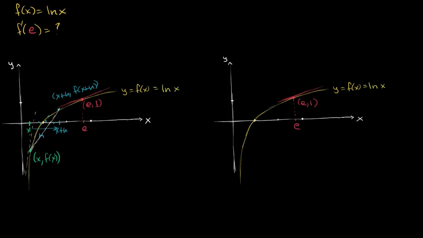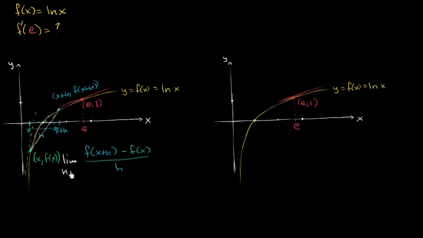So let's actually do that. What's the slope of the secant line? Well, it's the change in your vertical axis, which is f of x plus h minus f of x, over the change in your horizontal axis, and that's x plus h minus x. The difference is just h. And we're going to take the limit of that as h approaches 0.